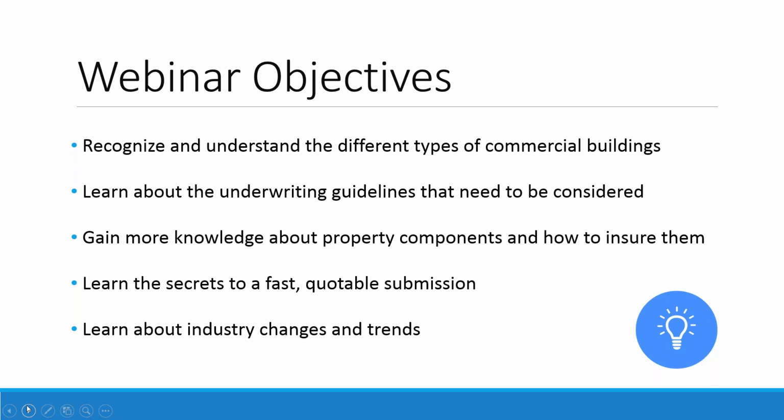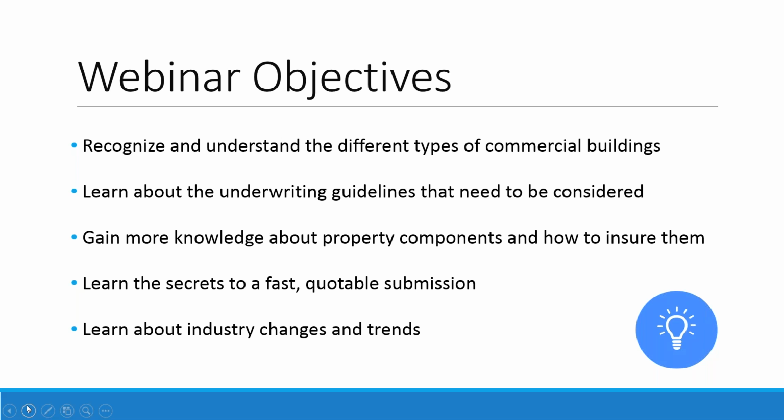A lot of things are changing in the industry, so she's also going to talk about those industry trends and changes. The market is hardening due to the COVID situation, and that's having an impact in lots of classes of business. Lessors Risk is potentially one of them.